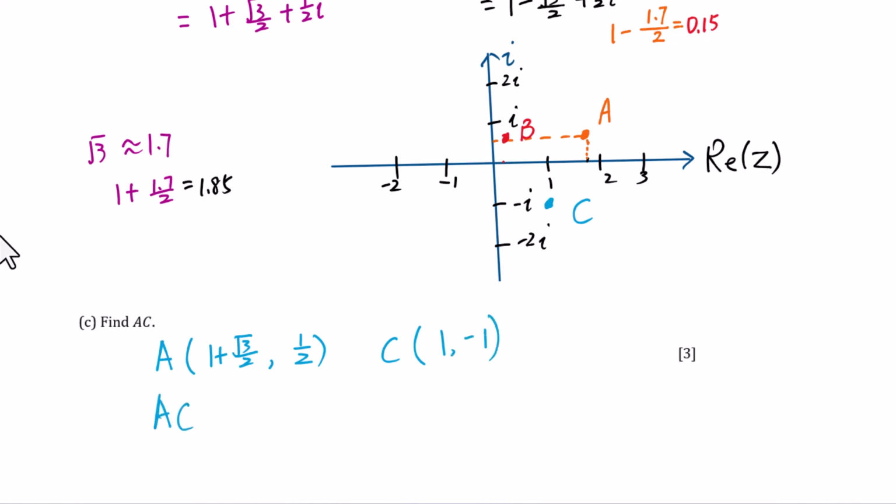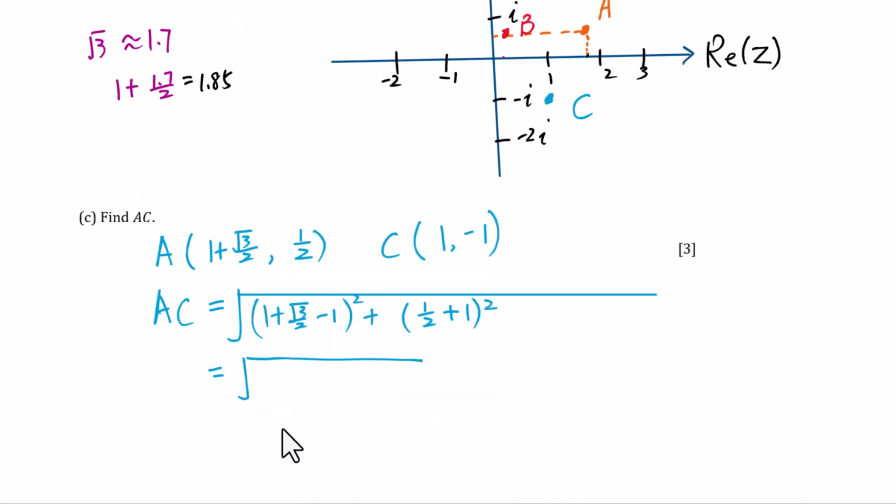Therefore, for AC, use the distance formula: (1 + √3/2 - 1)^2 + (1/2 - (-1))^2, that is 1/2 plus 1, squared. Work this out.